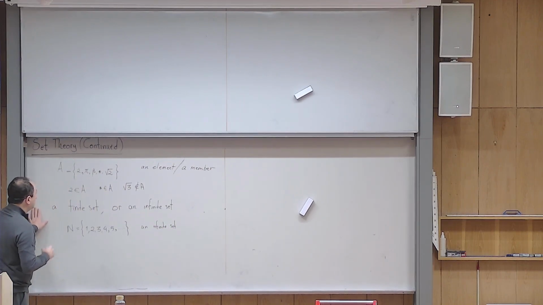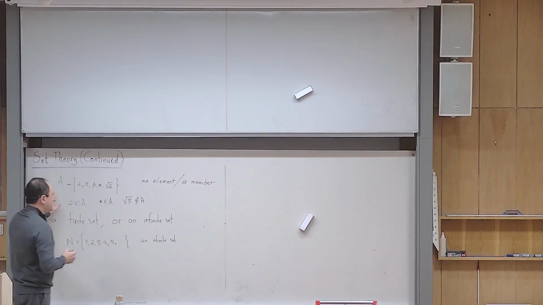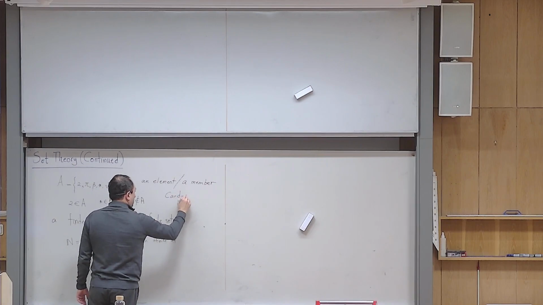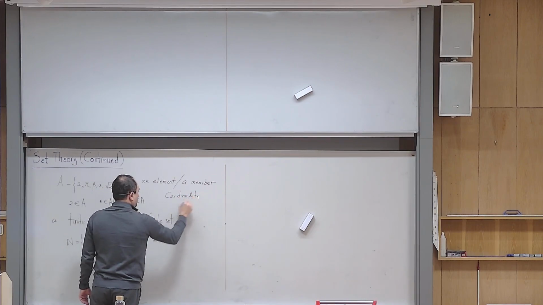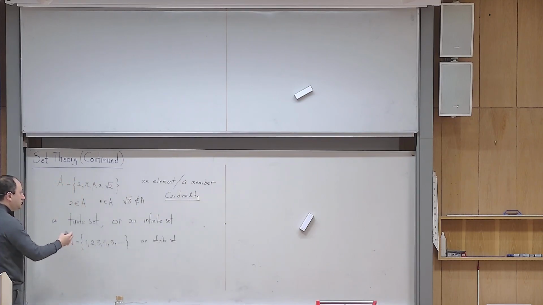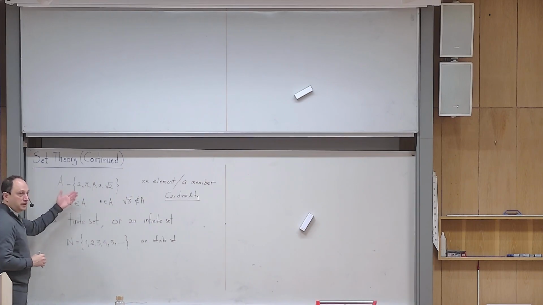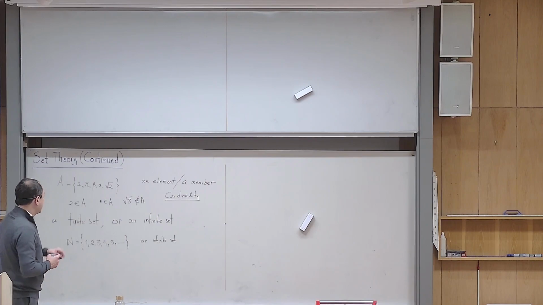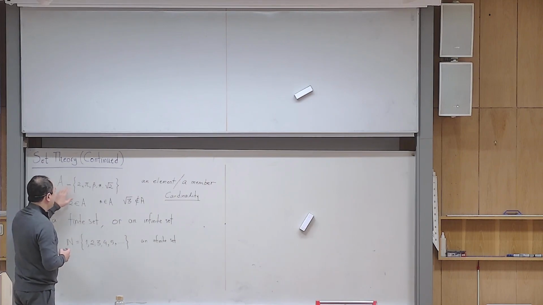Another notion that we had before is called cardinality. So what is the cardinality of a set? It's just a fancy name given to the number of elements of that set, yes? So when I say cardinality of A, I mean how many elements are there in your set A. So cardinality of A here is 1, 2, 3, 4, and 5.